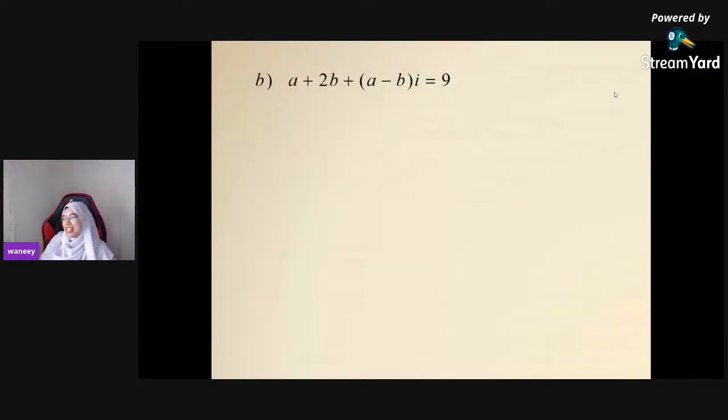Kita tunggu lagi. Sampai ada lagi 30 saat lagi. Ada kawan-kawan awak yang nak bagi jawapan lagi ke? Nanti kita check betul tak jawapan tu. Tiga, dua, satu.